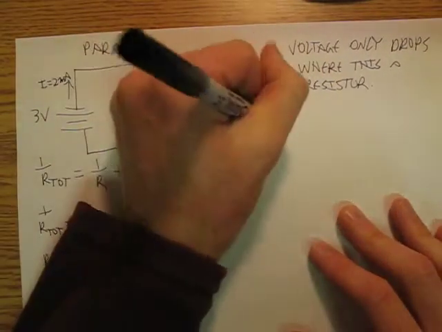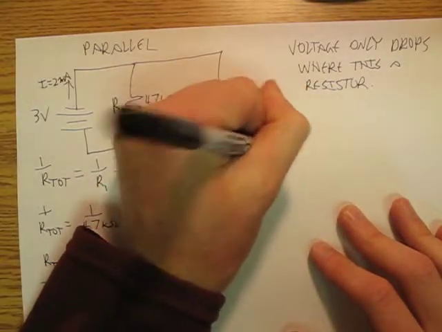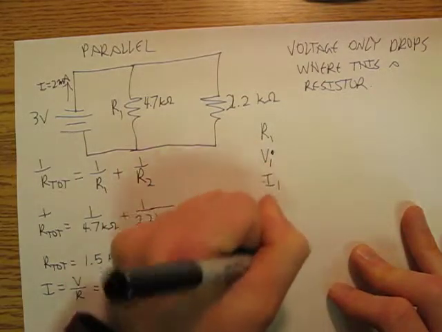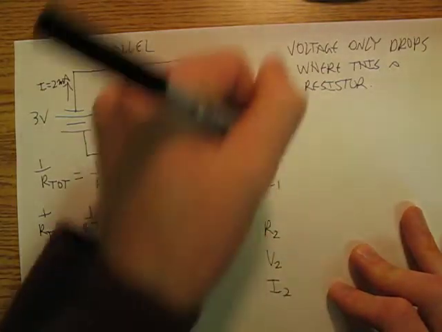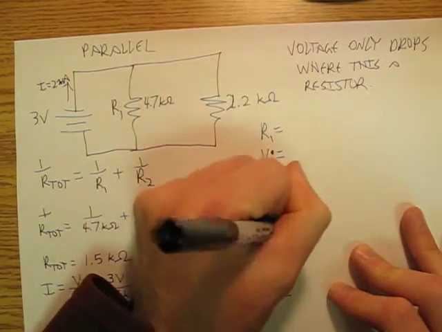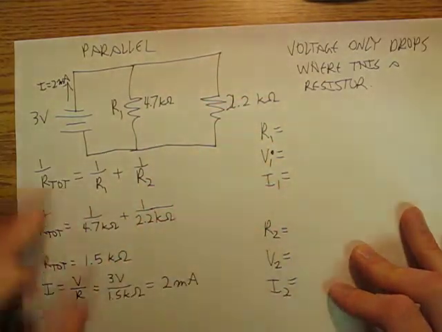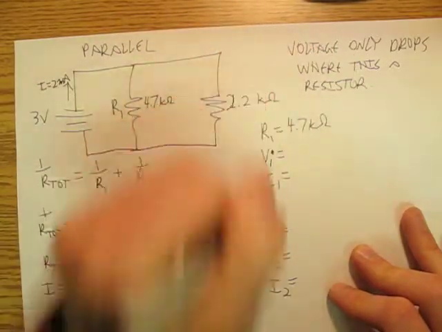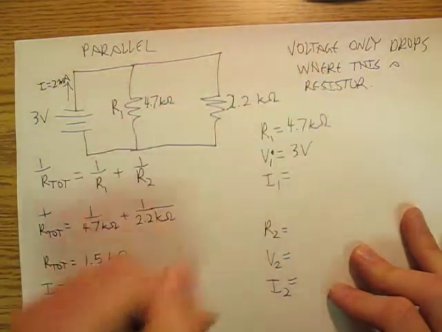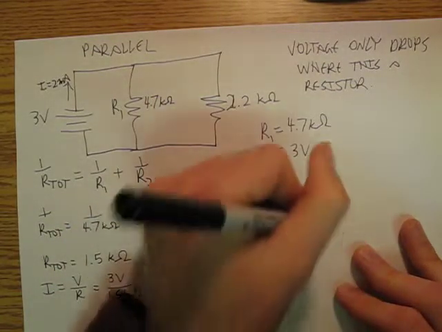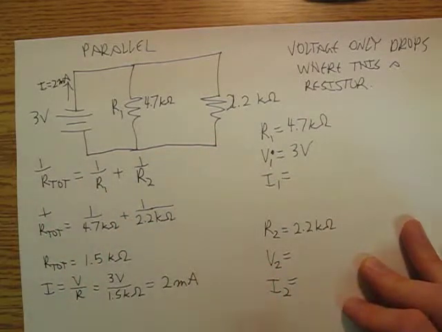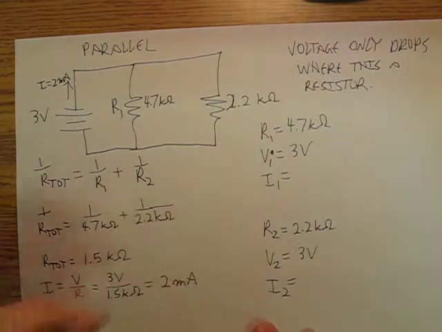So again, we're going to have a chart: R1, V1, I1, R2, V2, I2. And we're going to say R1 is 4.7 kilo ohms, and its voltage drop is going to be 3 volts. My R2 is going to be 2.2 kilo ohms. My voltage drop is going to be 3 volts. And then I'm going to use V equals IR.